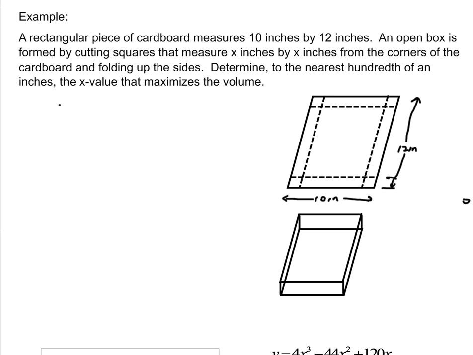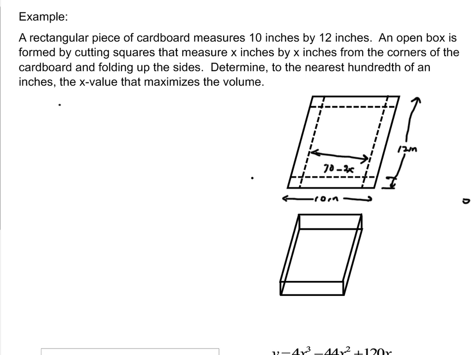What would we say? Well, it looks like our conditions here are such that if we took this 10 inches, we would have to subtract 2x inches to get the measurement from side to side right here for our length.